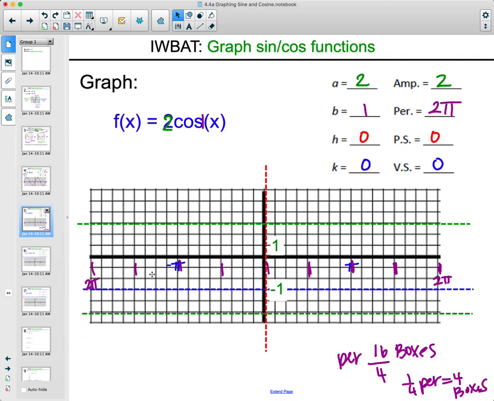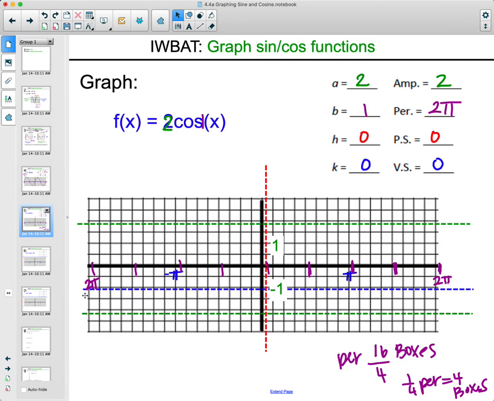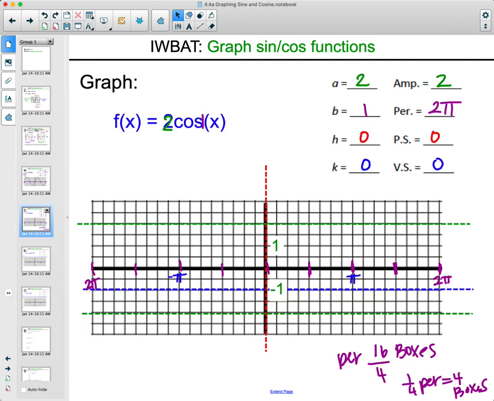My midline is still the x-axis here. So then start plotting the points. Now cosine, remember, when you're looking at the unit circle, cosine is 1 here.